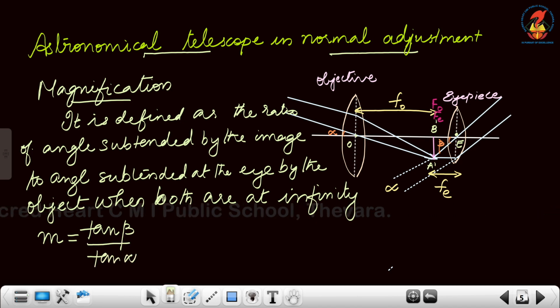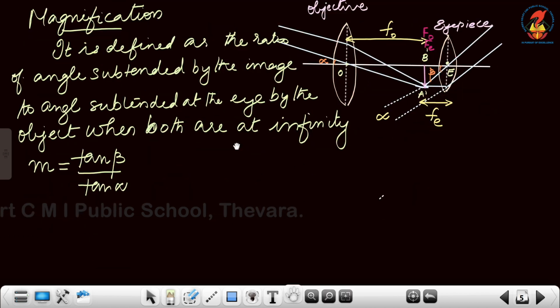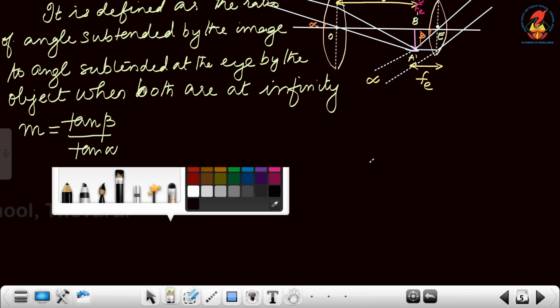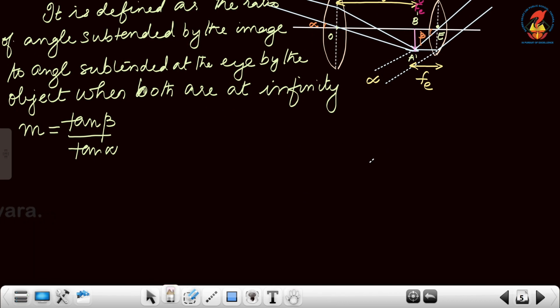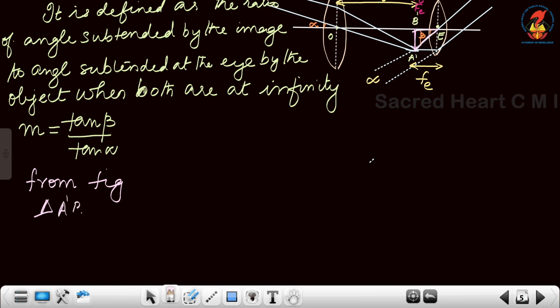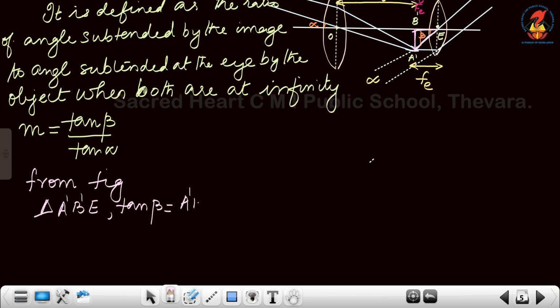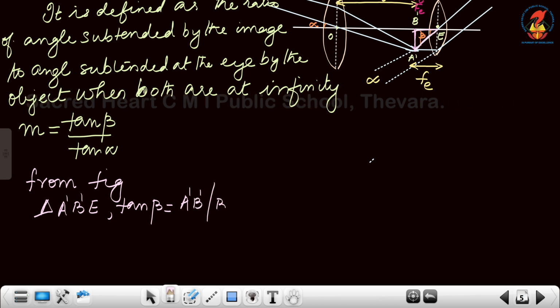Now as in the previous cases, we use the same method to find out what is tan beta and tan alpha. For that we consider two sets of triangle from the figure. So we can write from the figure using triangle. First we are going to find out what is tan beta. So we are going to find it using triangle A dash B dash E. From triangle A dash B dash E, we can write tan beta is equal to opposite side by adjacent side.